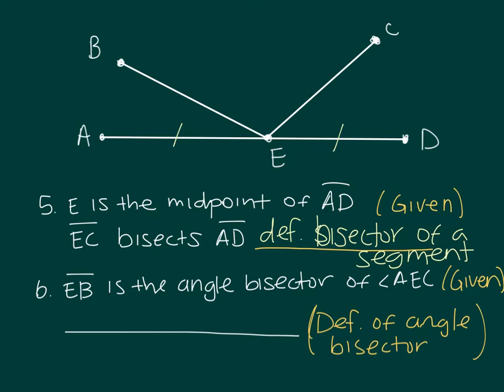If EB is the angle bisector of angle AEC, that's given to us, the definition of angle bisector would say what? What do you think that would say? Okay, so that would say that angle AEB is congruent to angle BEC.